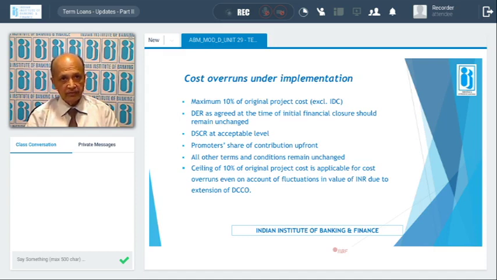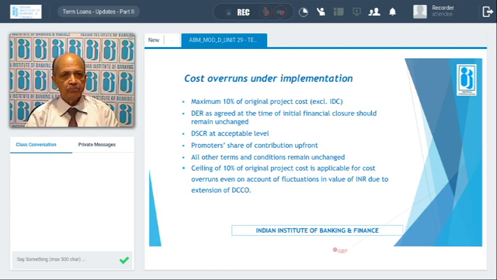IDC is taken out and can be separately dealt with, but the cost overrun should not exceed 10% of the original project cost. Then the debt equity ratio, even after considering this, should not undergo any change, and DSCR should be at an acceptable level. Any change is okay, but it should be within the acceptable level of the bankers and lenders.